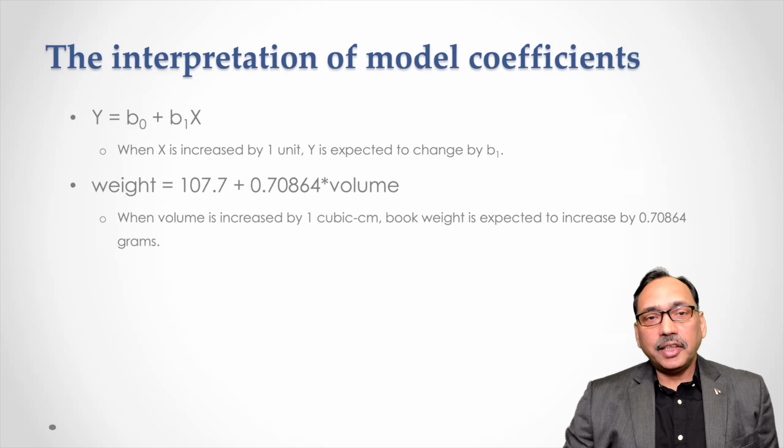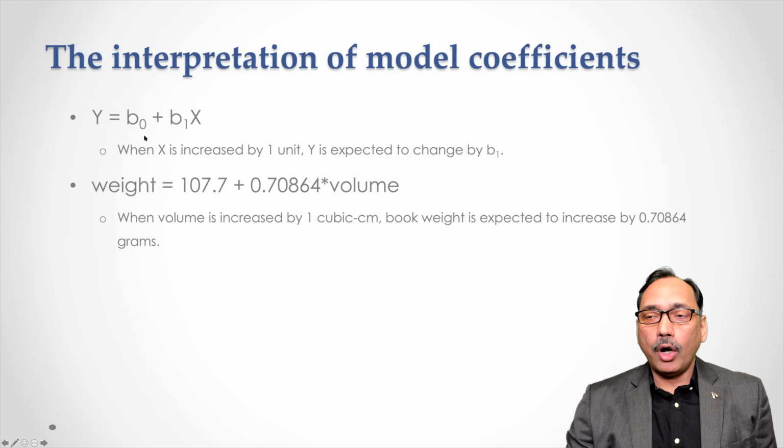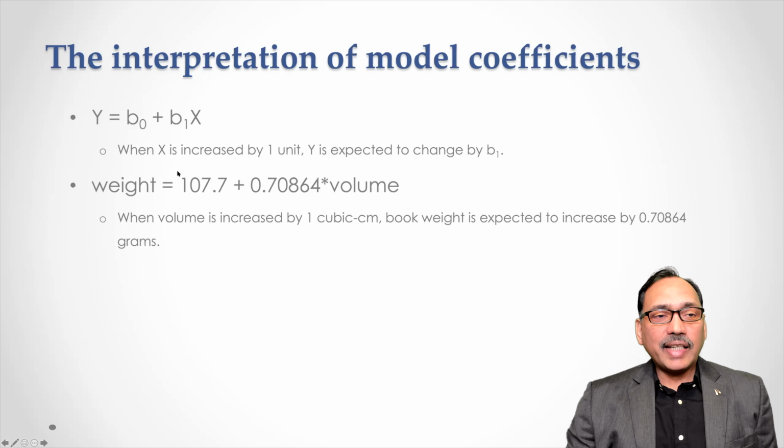So the interpretation we have seen for simple linear regression is quite straightforward when x and y are as they are. For example, if this is the situation, we say when x is increased by 1 unit, y is expected to change by b1.